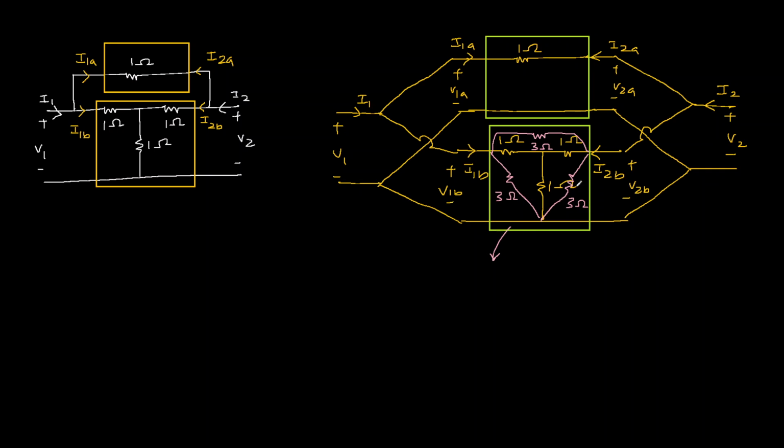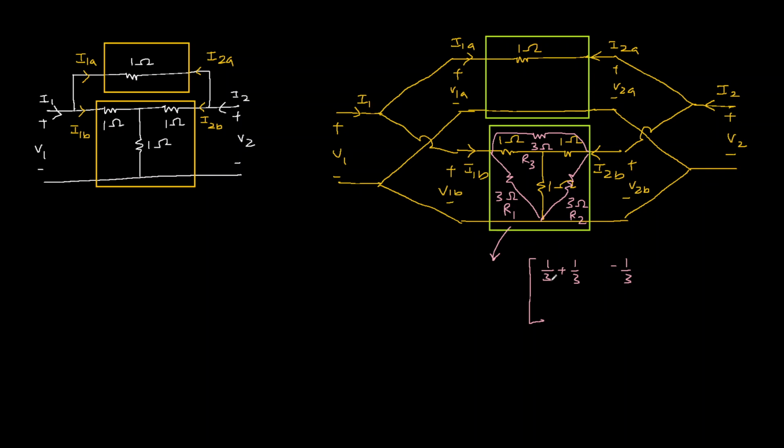For the bottom network or circuit B, we know the y parameters. This is R1, R2, and top one is R3.